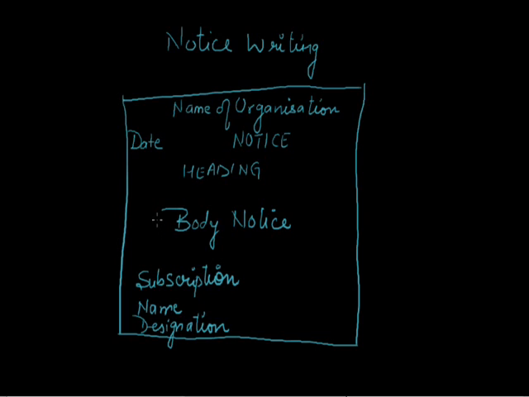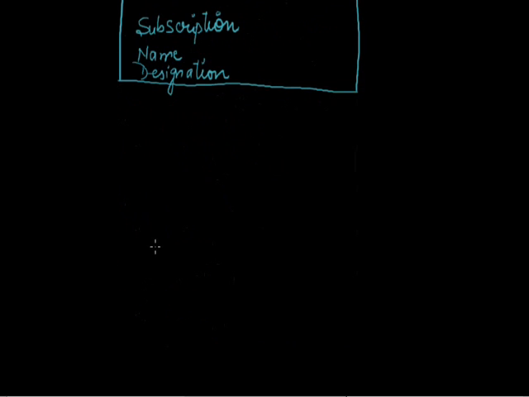If the body of the notice is concerned, generally there are 5 types of notices that we deal with. The first one being about events. So in events, we have to be careful about what type of things we include in our notice.